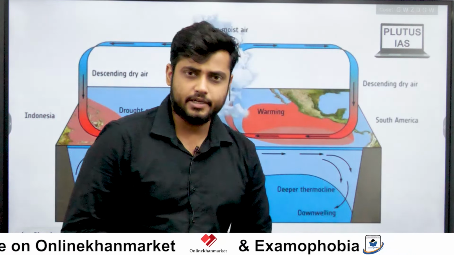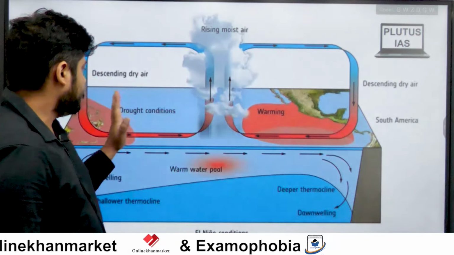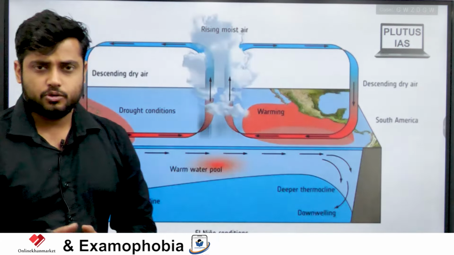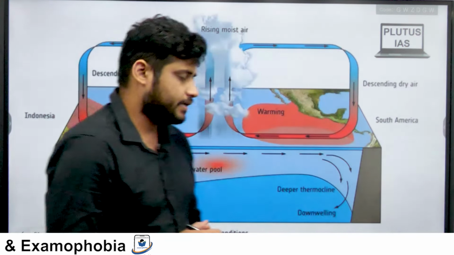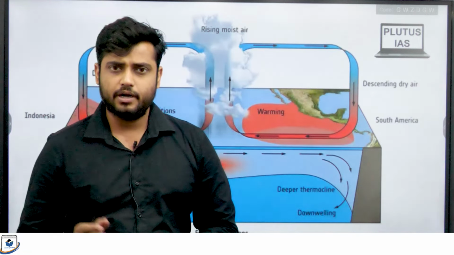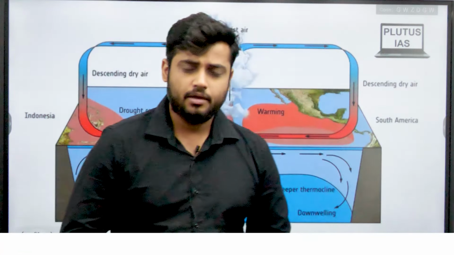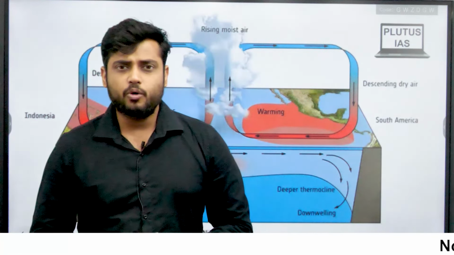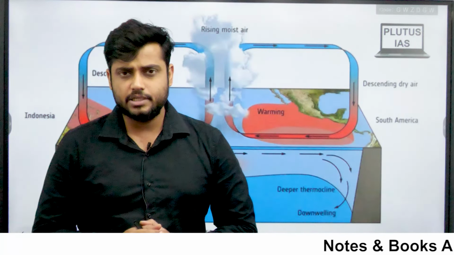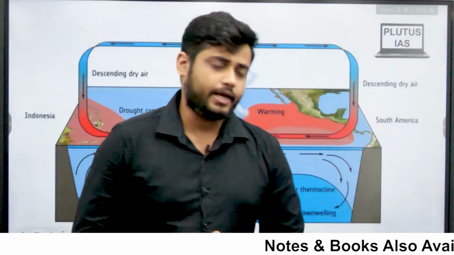The rainfall will increase near the Peruvian coast, and the rainfall pattern will shift in the eastward direction. So a question may be framed like this: with El Nino the rainfall pattern shifts eastward, so that statement would be correct. If I say that in the El Nino year the sea level rises in the central and eastern part of the Pacific basin, then this statement is also correct.